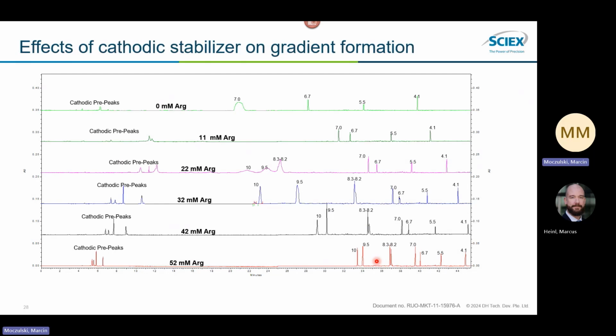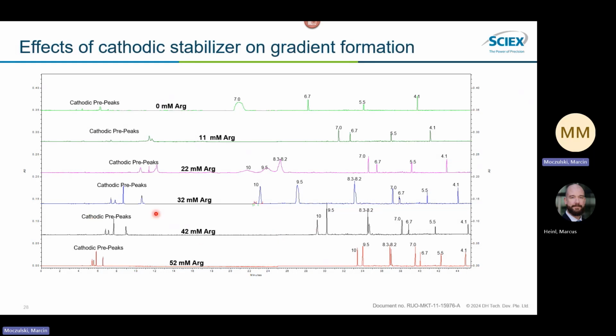Also, we have an enhanced arginine cathodic stabilizer, which helps us to get more constant and reproducible separations, and can also be used to modify the method to focus on a more neutral and acidic range by reducing the concentration of arginine.